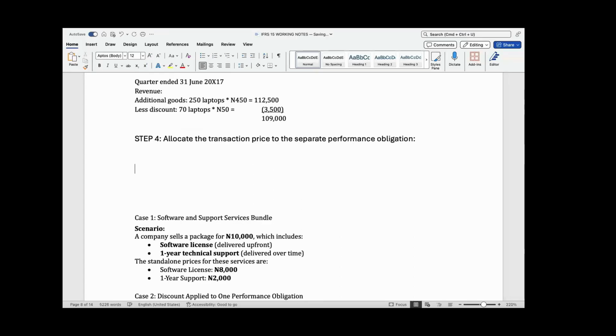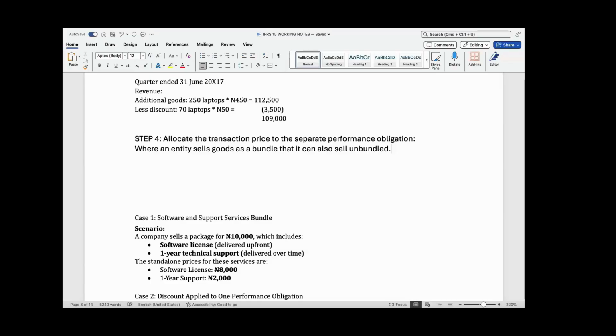This step 4 is only applicable where an entity sells goods as a bundle, though it can also sell them unbundled. You know that it is possible that you can just bundle some services together.